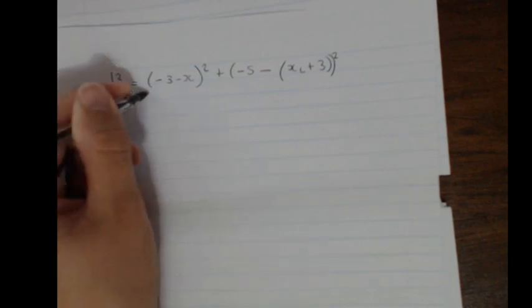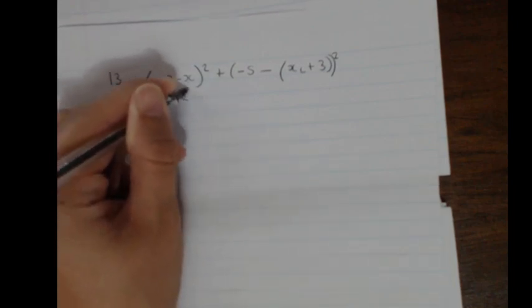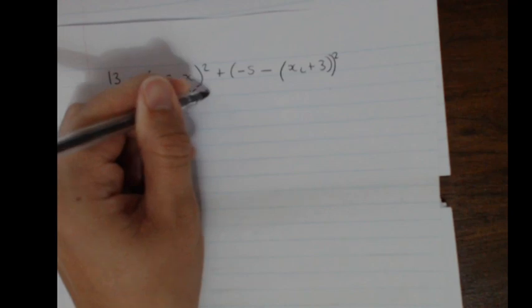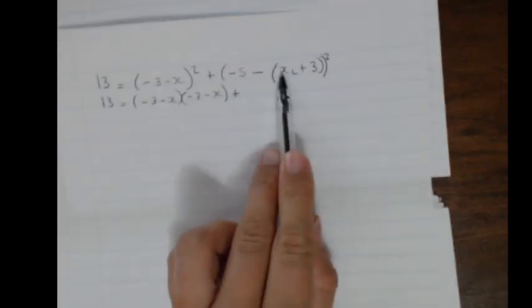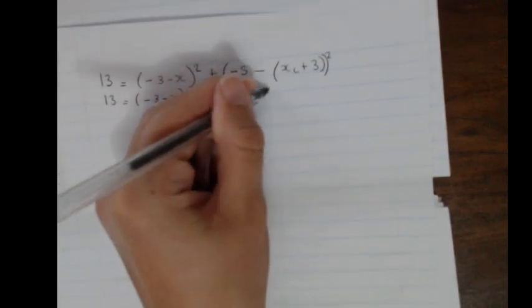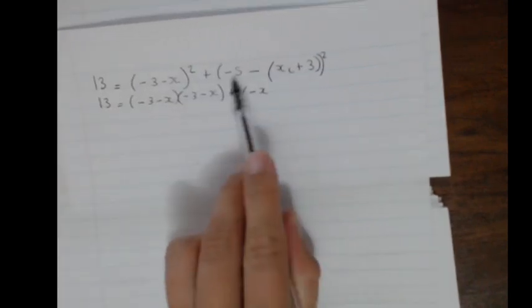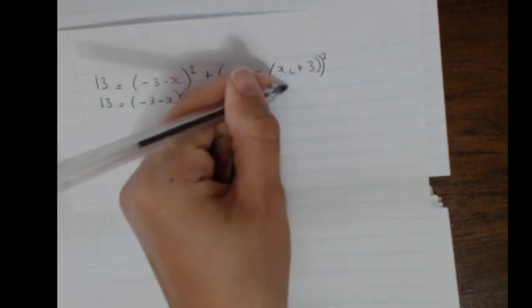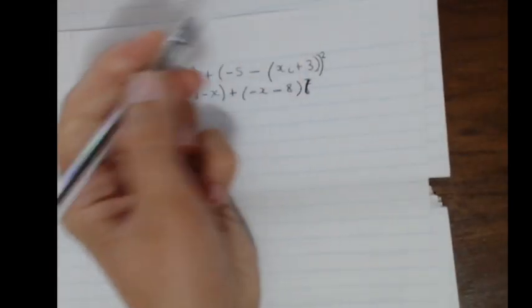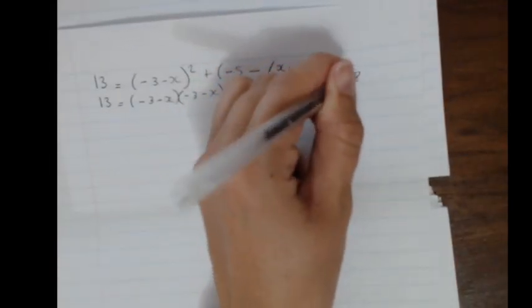I'm just going to simplify this bracket a little bit before going on. So I have -3 minus x, let me just write it twice, -3 minus x. And the second bracket is -5 minus 3, which is -8, squared, which means I can write this bracket twice as well, minus x minus 8.